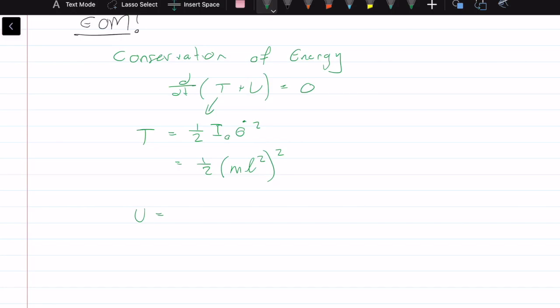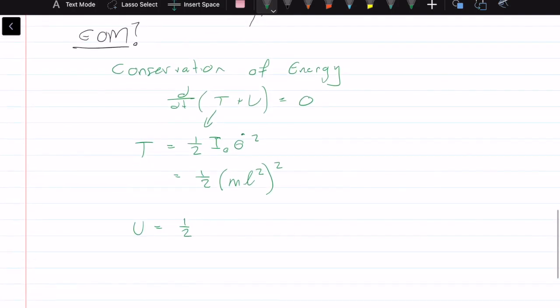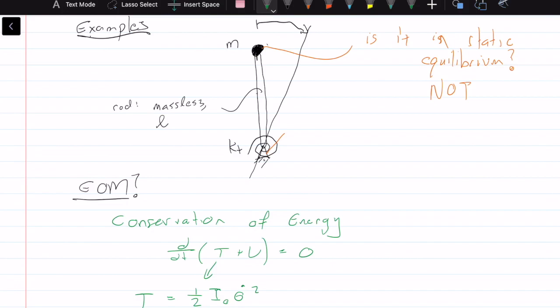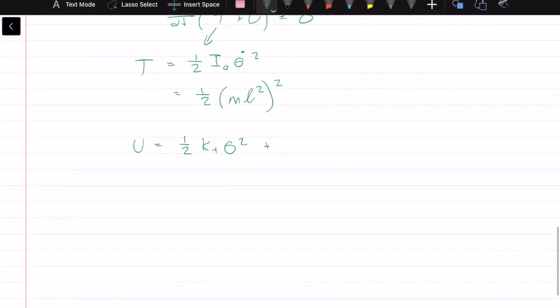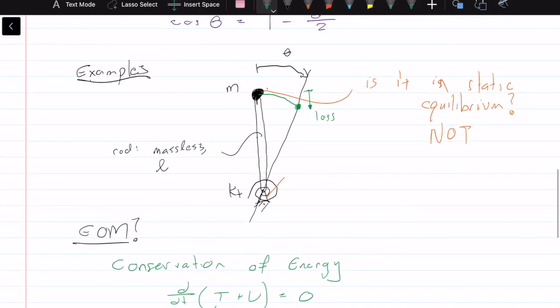With that being said, we can now say that U is equal to half kt theta squared, for the spring, plus, let's see. With potential energy, when this moves, this point mass has moved down, so that is a loss of energy. If it moved up, we'd be gaining potential energy, but it's moving down, so there's a loss. So we actually need to say that this is minus mg and then the distance.